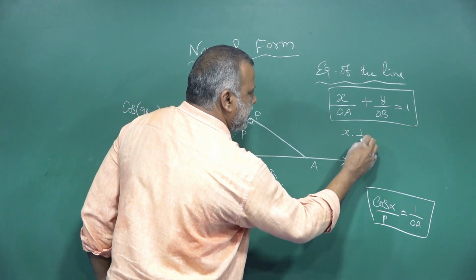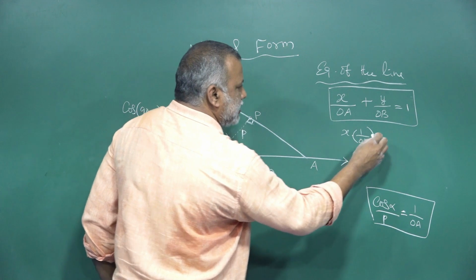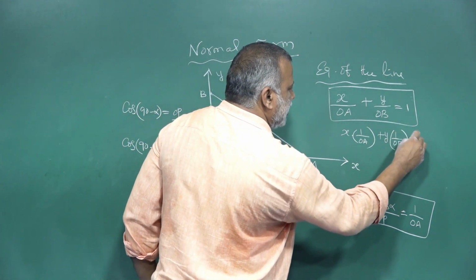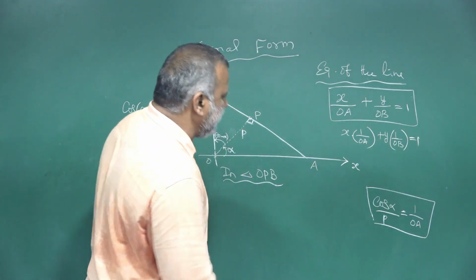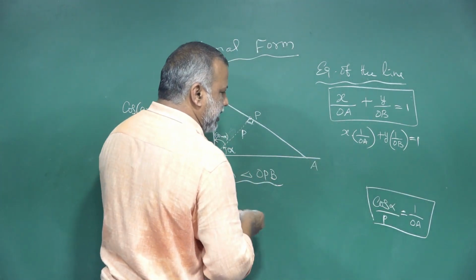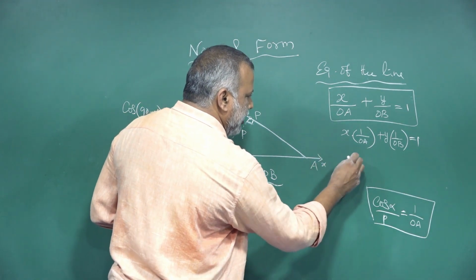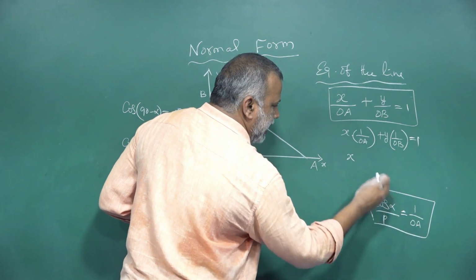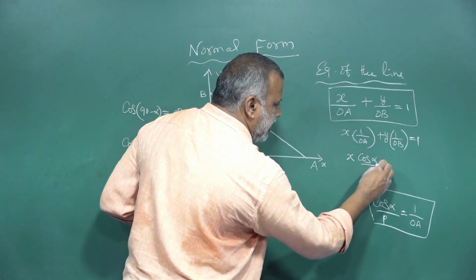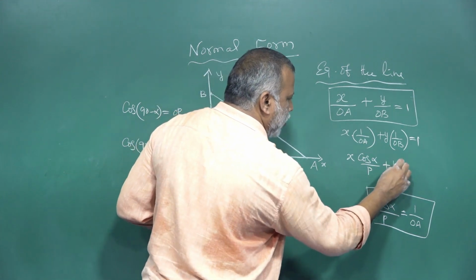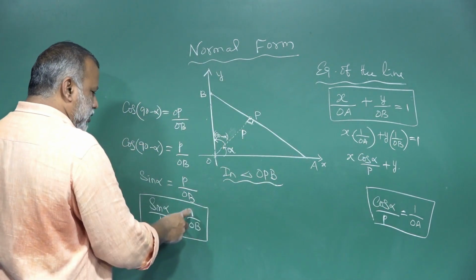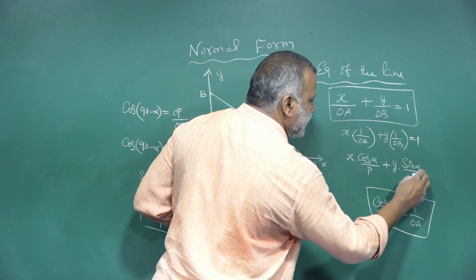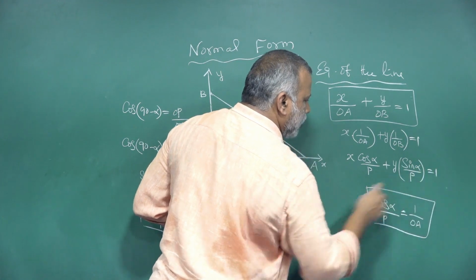X multiplied with 1 by OA plus Y multiplied with 1 by OB is equal to 1 here. So I can write it in another form. X multiplied with 1 by OA, 1 by OA can be replaced by cos alpha divided by P, plus Y multiplied with 1 by OB, which is replaced by sin alpha divided by P, is equal to 1.